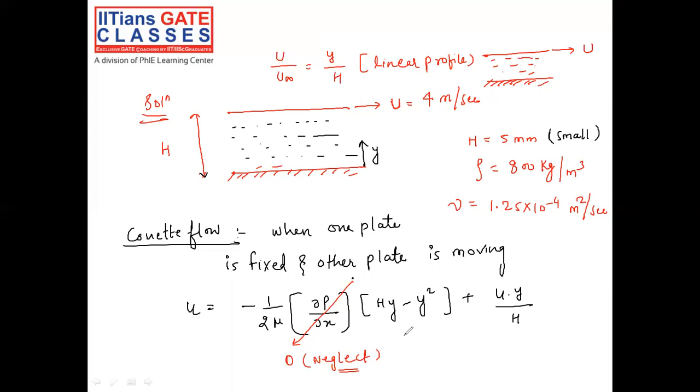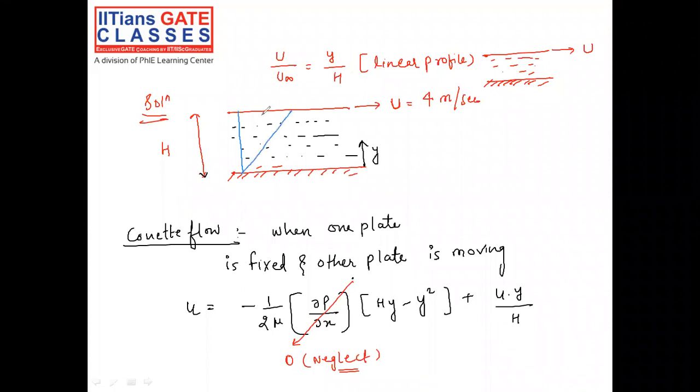Now we have the shear stress formula. Up to this, very much clear. Now we have to solve for the shear stress. As I have rightly mentioned, the velocity profile will be linear.